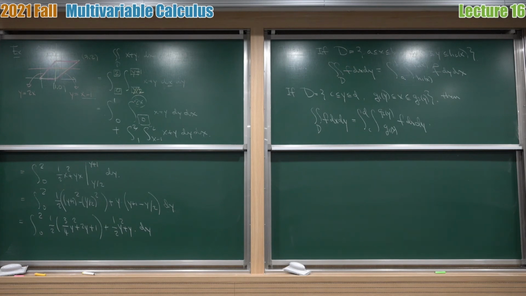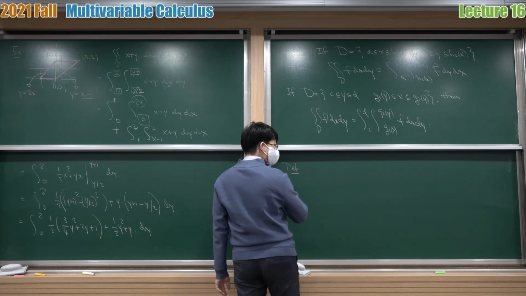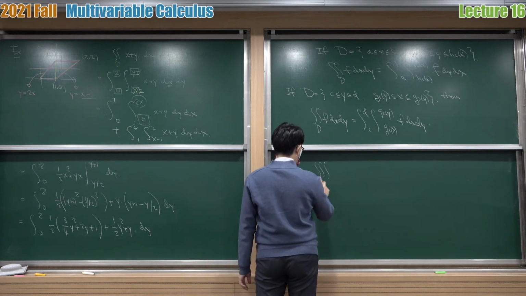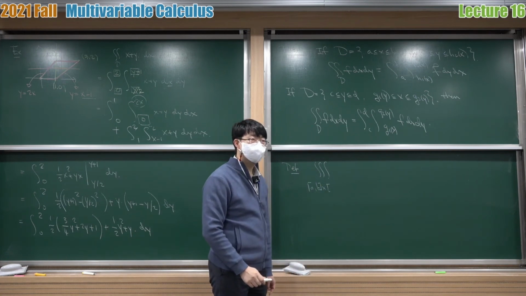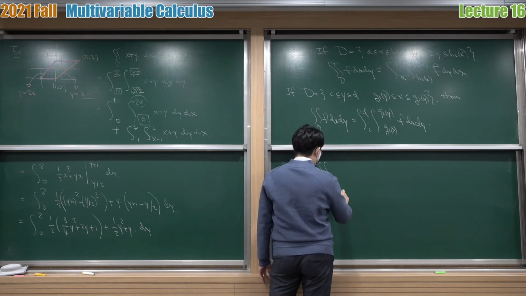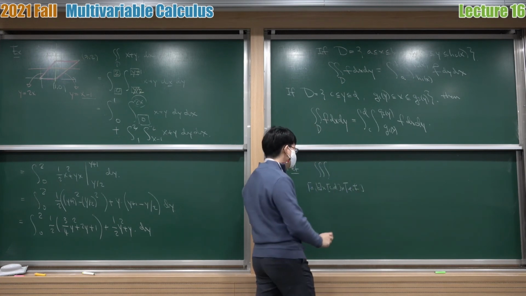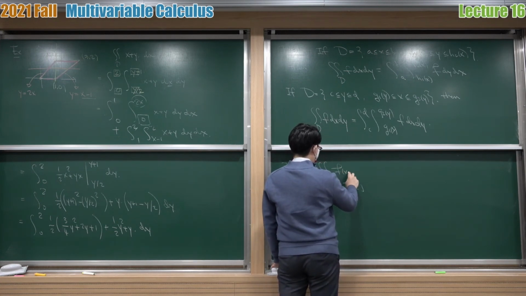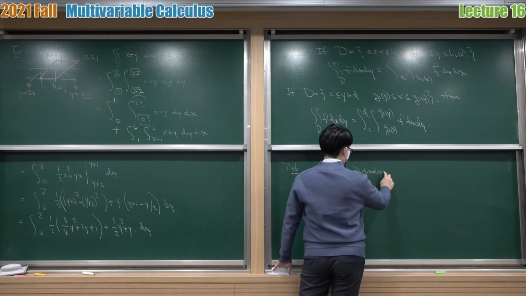So let's define a triple integral over a rectangular cube first. It's the same procedure we discussed for the double integral. You have a rectangular cube, and you have 3 variable functions.